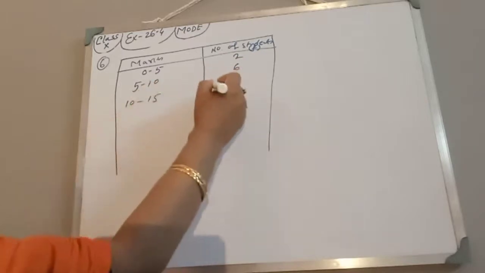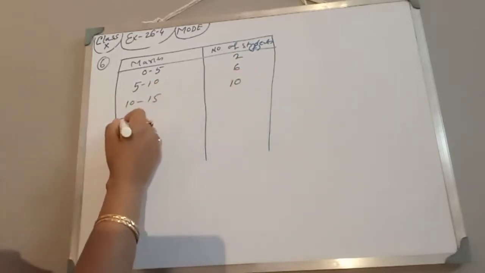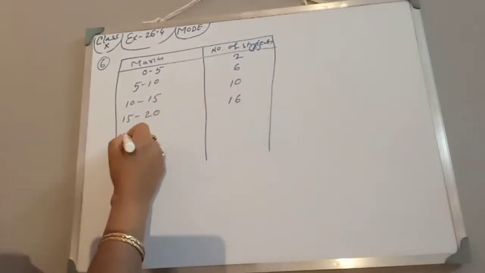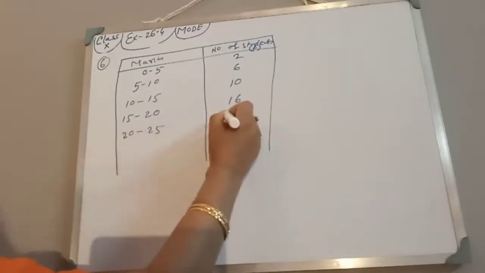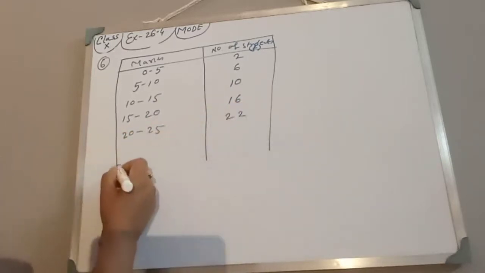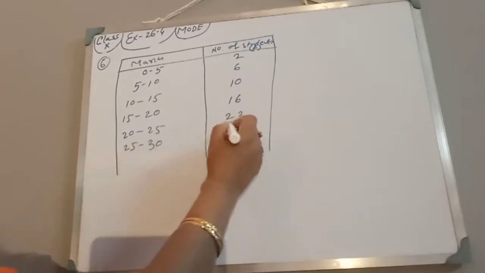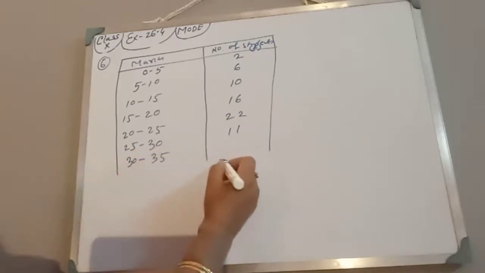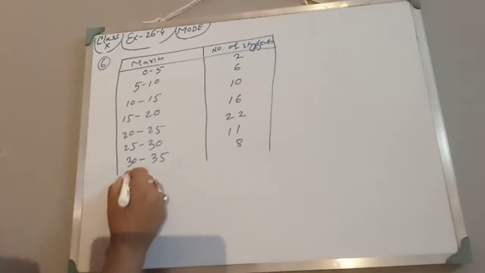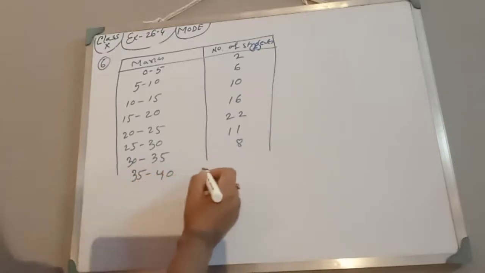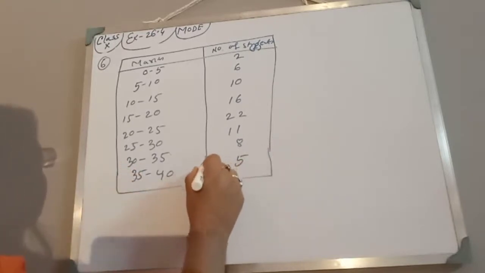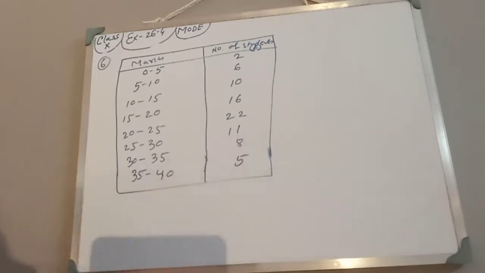Now 10 to 15, 10 students. 15 to 20, 16 students. 20 to 25, 22 students. 25 to 30, 11 students. 30 to 35, 8 students. And 35 to 40, 5 students. Okay.